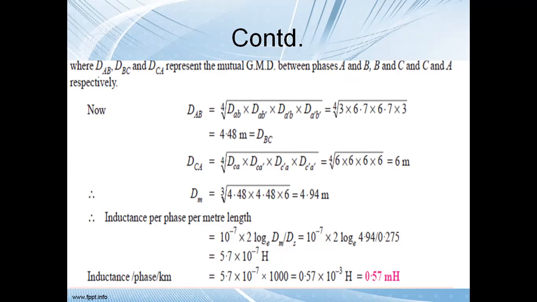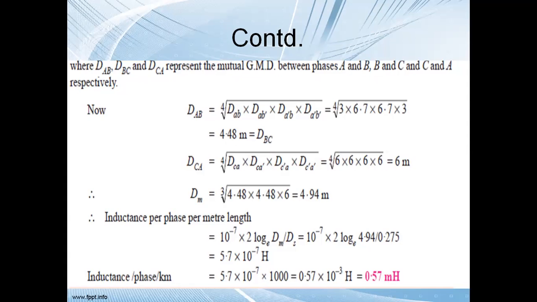Are you getting DM? Sir, 5.7. Yes, 5.7 into 10 to the power minus 7 Henry.